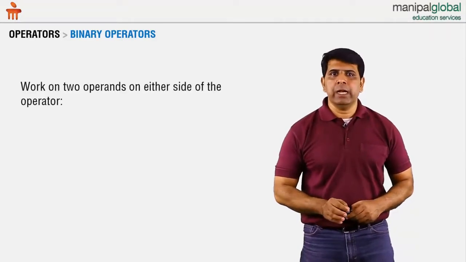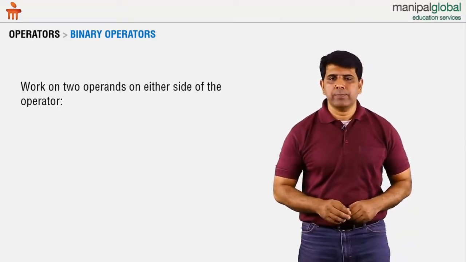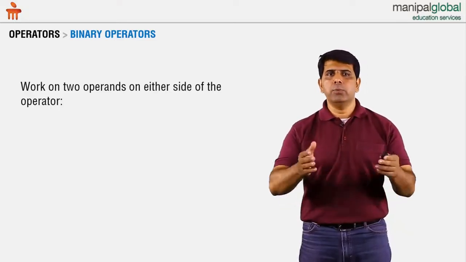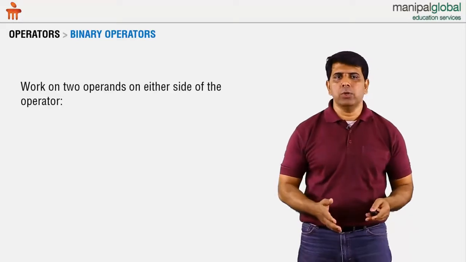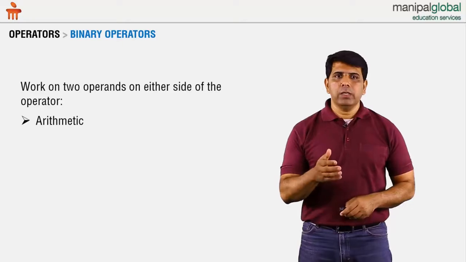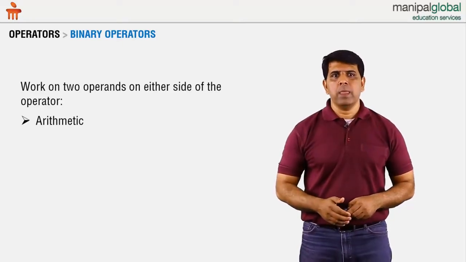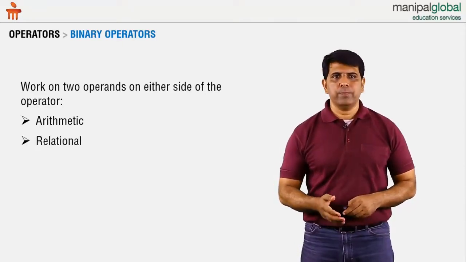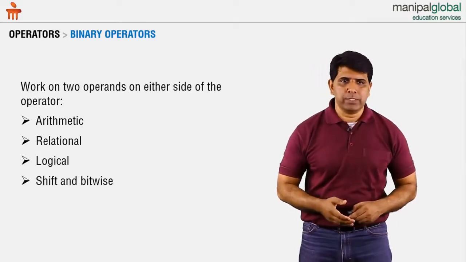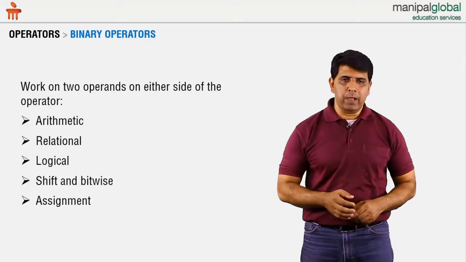Binary operators, on the other hand, work on 2 operands. So there is always an operator, and on both sides of the operator, there are 2 operands. The operands can be constants or variables. There are arithmetic operators, relational operators, logical operators, shift and bitwise operators, and assignment operators.